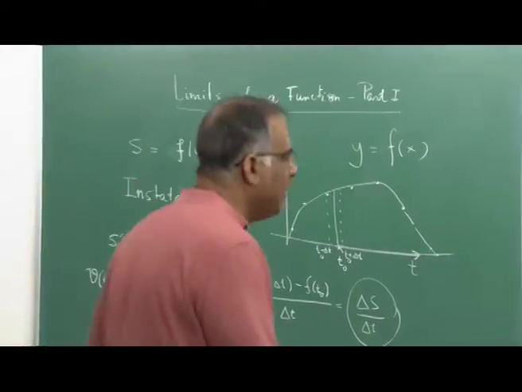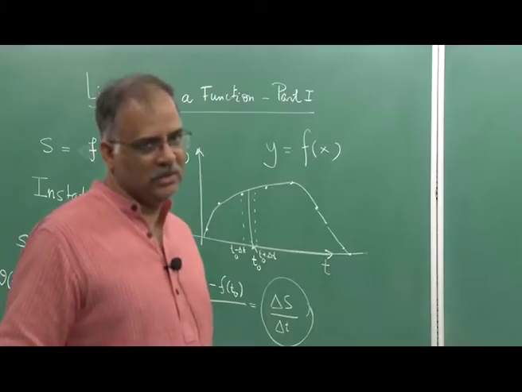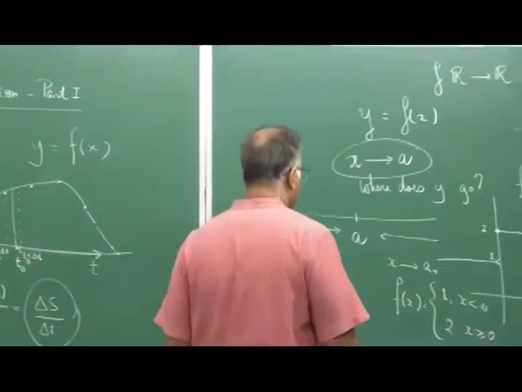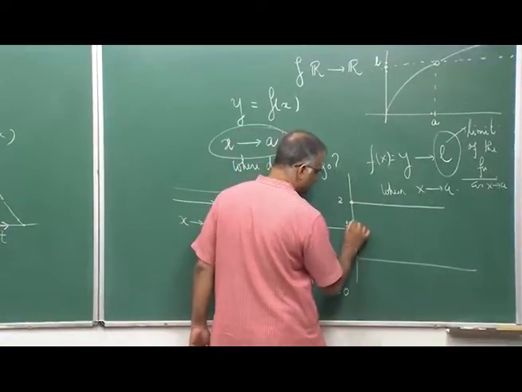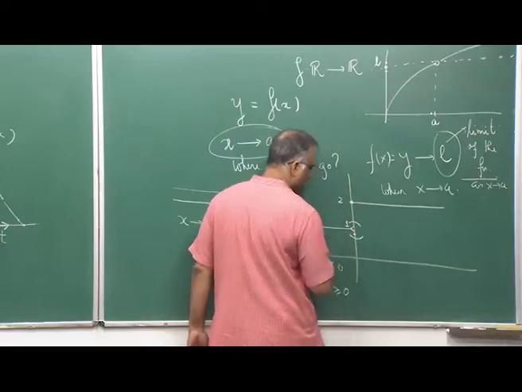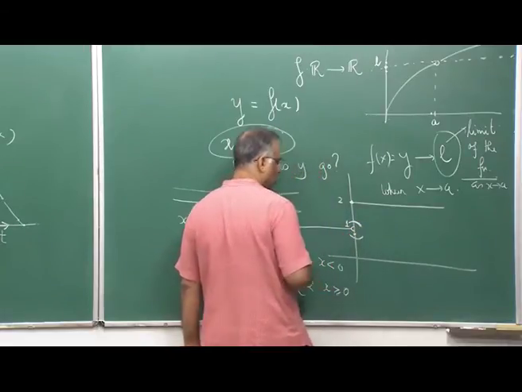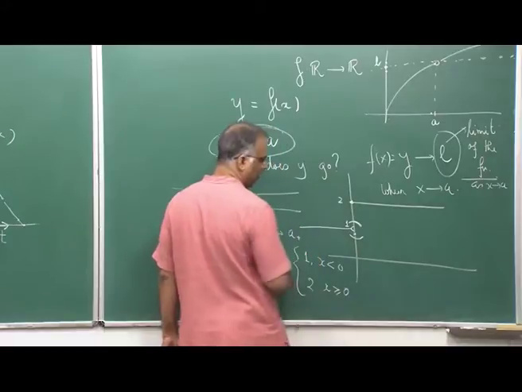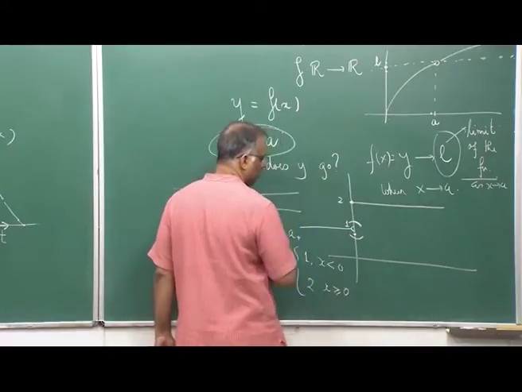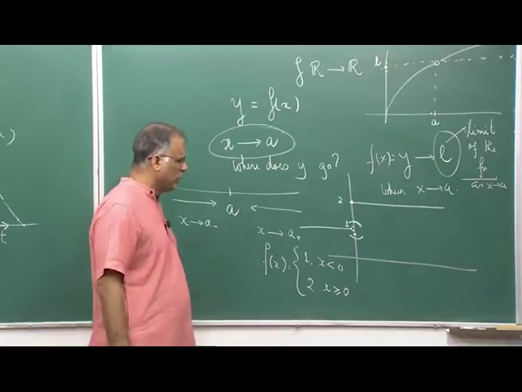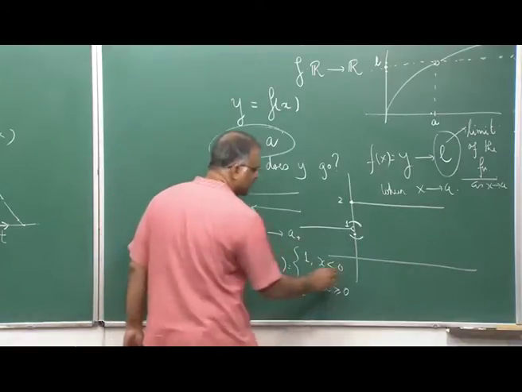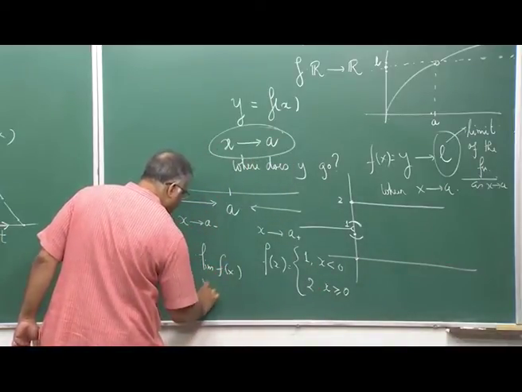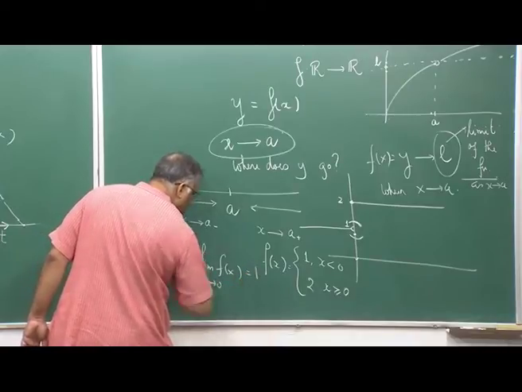Now, suppose I claim here in this case that the limit of f(x) as x tends to 0 is actually 1.